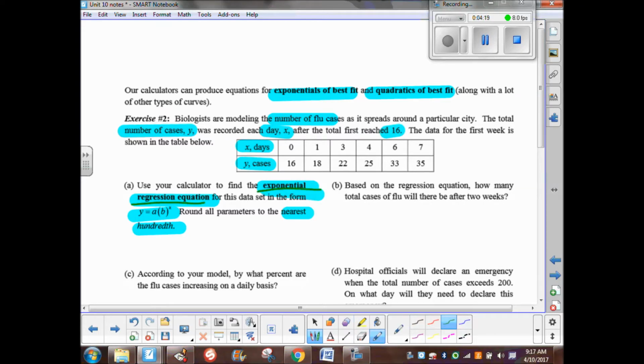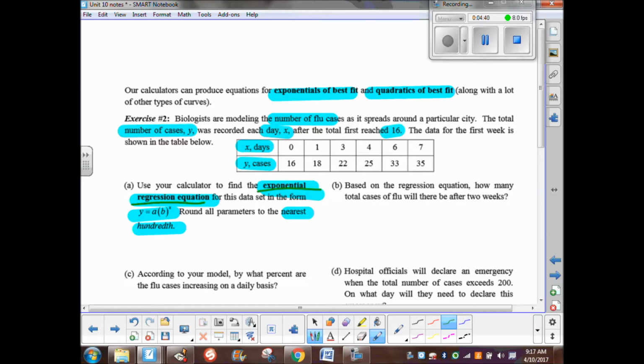But think about the context of this problem too. They're talking about the flu spreading. And when you're talking about bacteria growing, that never happens in a linear fashion. Bacteria growing, mold growing, anything like that occurs in an exponential fashion.